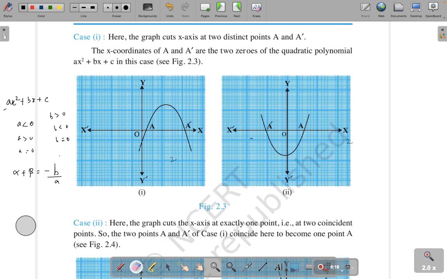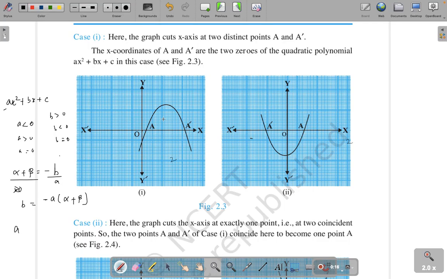Or if you have to show this, so see, alpha plus beta is greater than 0. So b is equal to, so b will be equal to a times alpha plus beta, multiplied by minus. Is this correct? Yes.